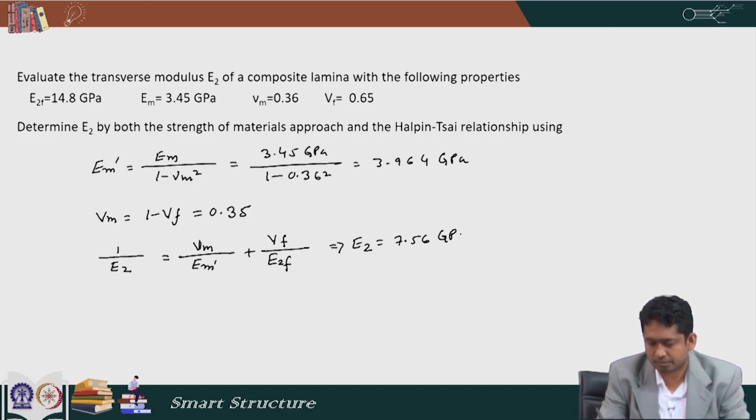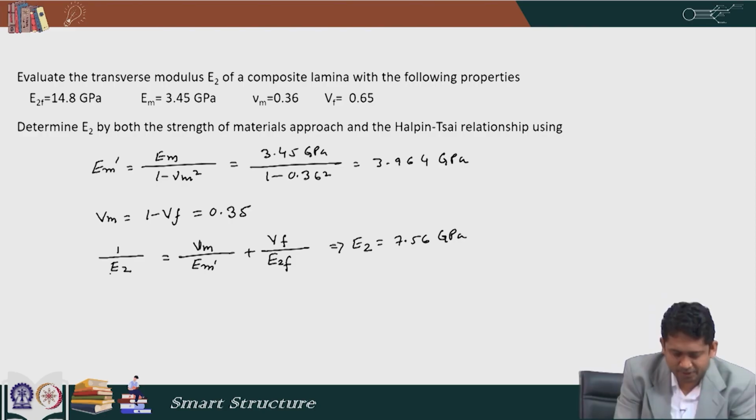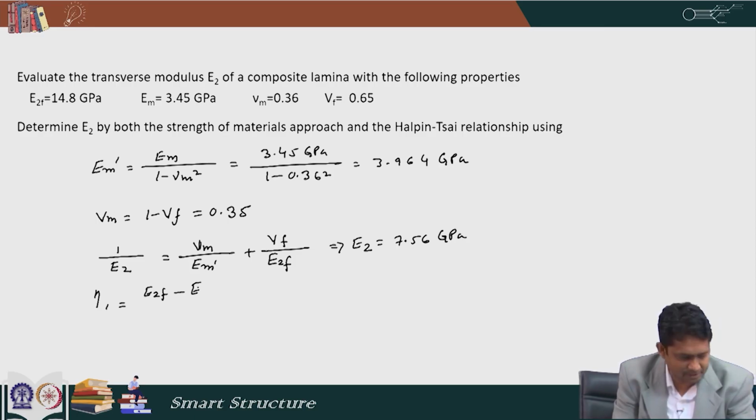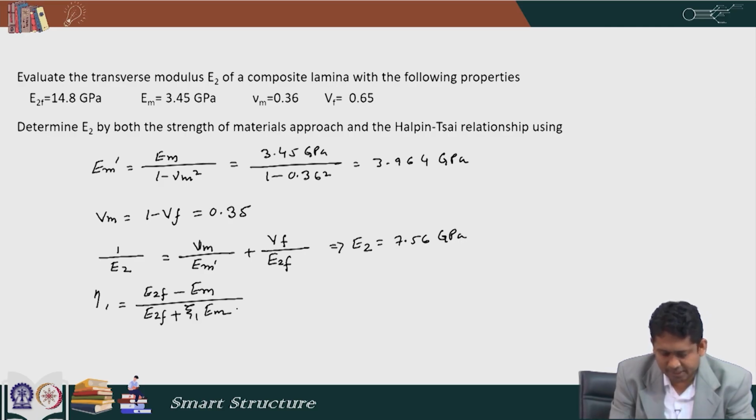GPa. Now, we need to find the same thing using the Halpin-Tsai relationship. To use the Halpin-Tsai relationship, we need a factor called eta, and eta 1 is found as E2F minus EM by E2F plus xi 1 times EM.